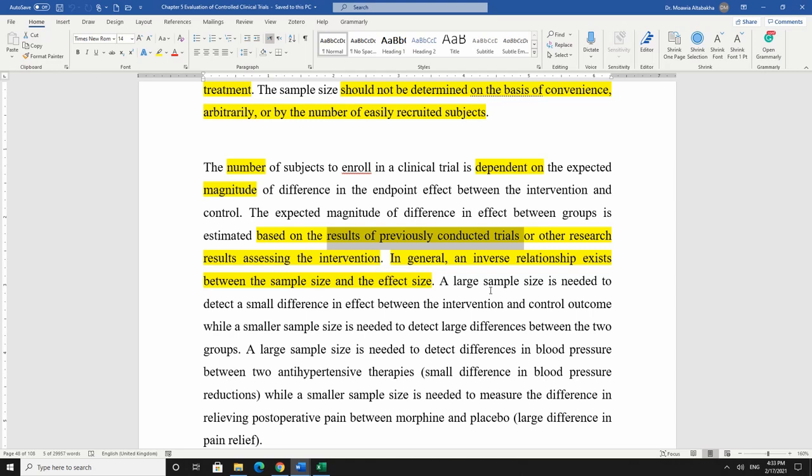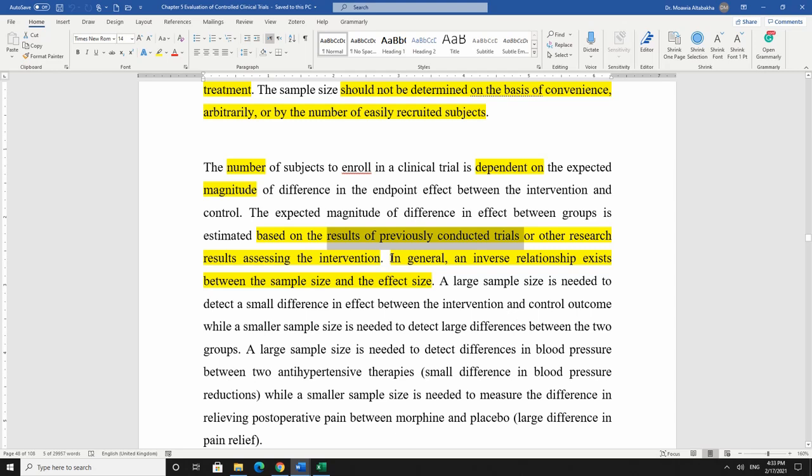That is, the significant effect, the difference between placebo and the drug, or one drug and another drug. The difference that is meaningful, that is useful, that you can use to convince practitioners to use your medication. Okay, you can go to previous studies and look at it.